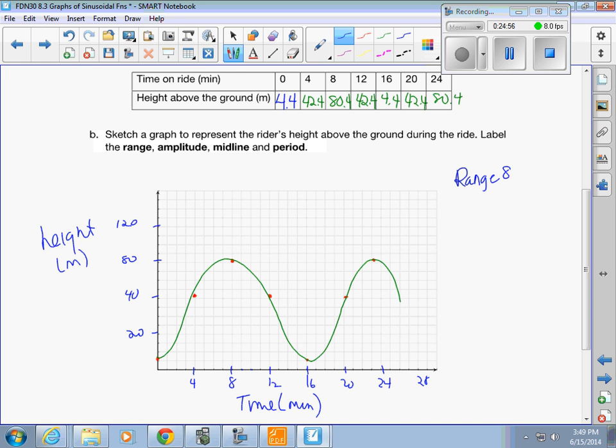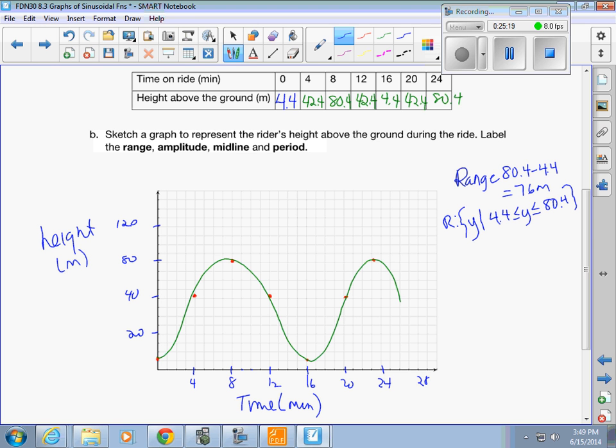So 80.4 minus 4.4, so that's equal to 76. So it's between, y is an element of real numbers. I just ran out of room, so I'm not going to put that.